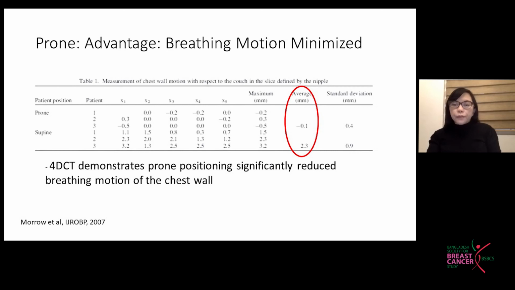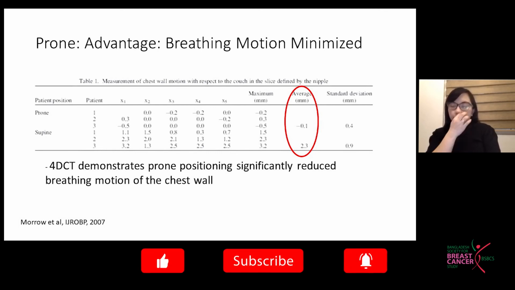This is a study which positioned 3 women prone and then supine, and studied them with 4D CT scan to look at chest wall motion. It showed that the very minimal chest wall motion we typically see in the supine position, which is only under 3 millimeters, was virtually eliminated in the prone position. So this is another advantage of prone positioning.